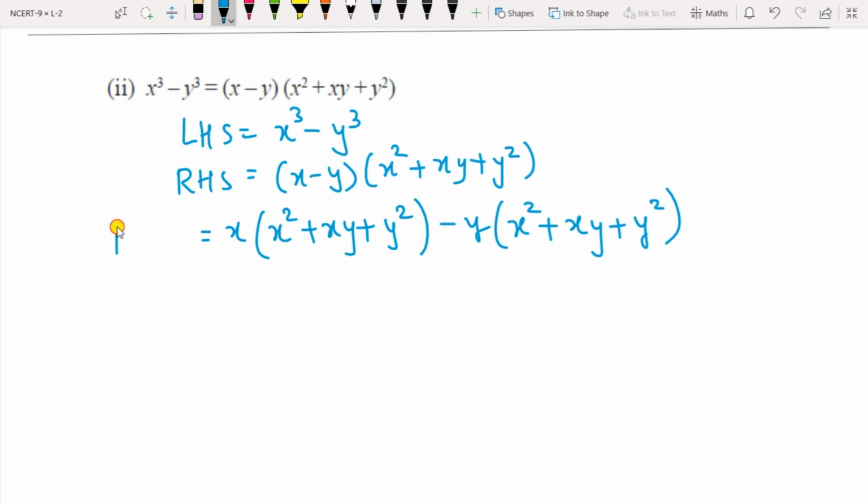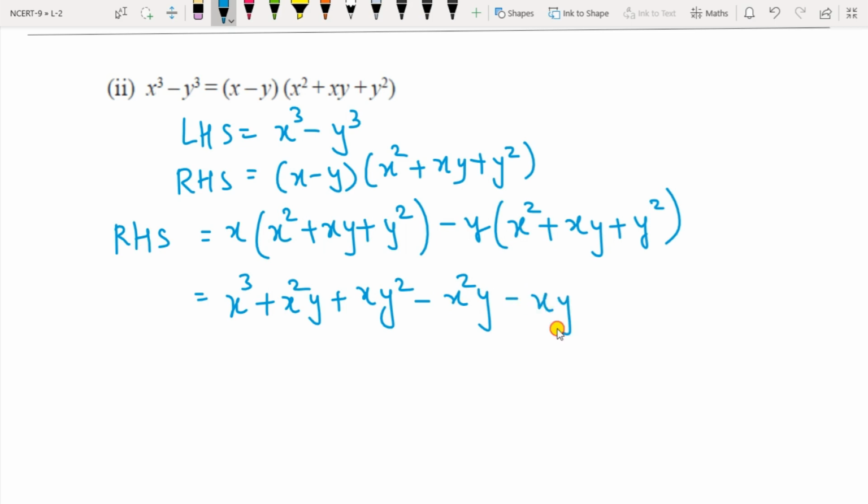So you have to solve the RHS now. Multiply x with the whole second bracket and multiply y along with the sign with the whole second bracket. Now we will multiply this x inside the bracket. So it will be x cube, this will be plus x square y, and this will be plus xy square. Now here you have to take minus sign inside, so it will be minus x square y, plus minus is minus xy square, plus minus is minus y cube.